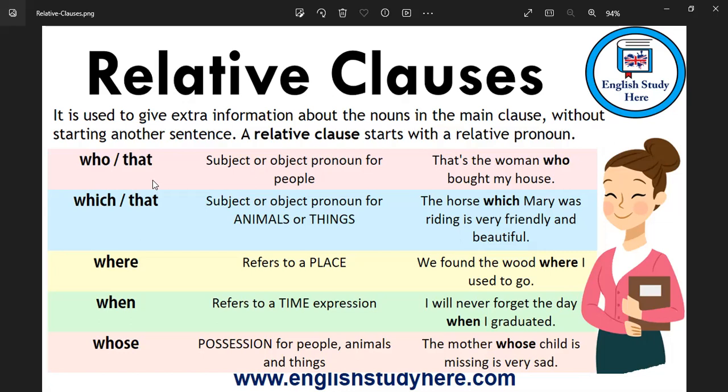Notice something important. Relative clauses don't have time restriction. You can combine present and past, past and future, present progressive and past tense. There is no restriction about time. Notice. That is the woman who bought my house, present, past.